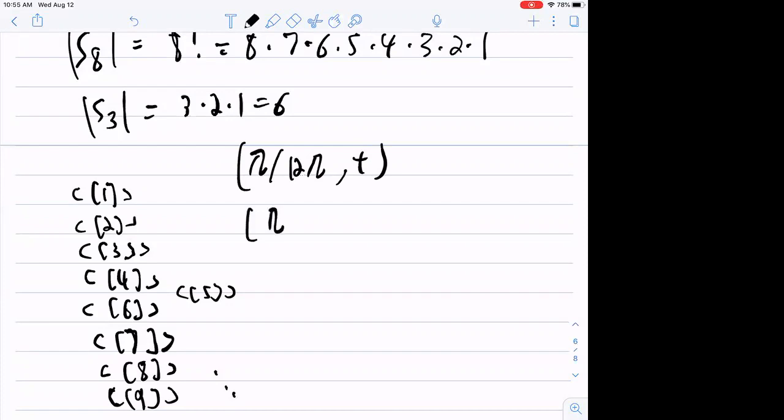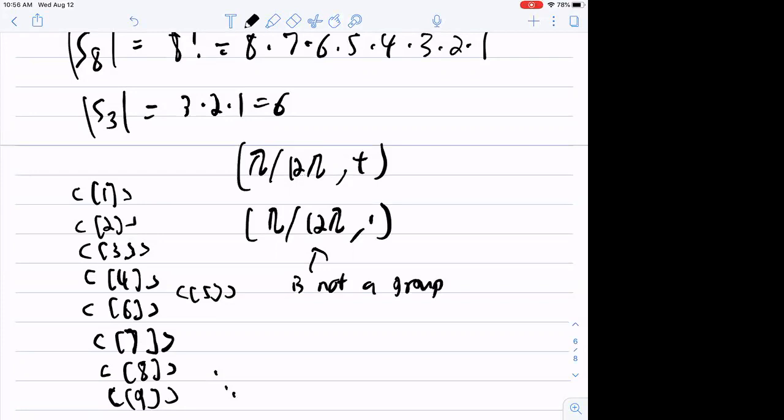I guess it's assumed to be addition, but it can't be multiplication because this is not a group.